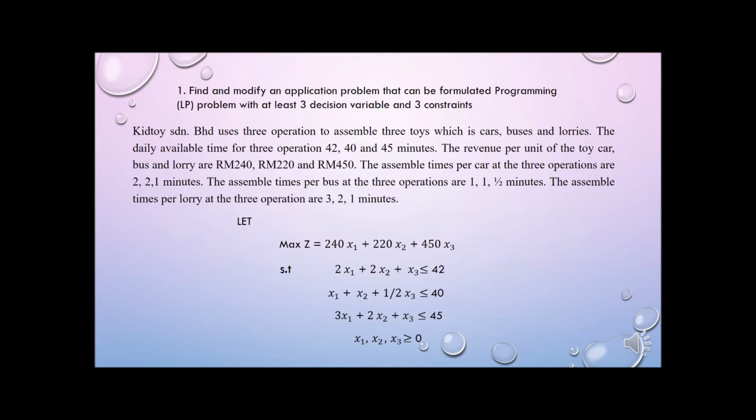Constraint 2, x1 plus x2 plus 1/2 x3 smaller than or equal to 40. Constraint 3, 3x1 plus 2x2 plus 1x3 smaller than or equal to 45. Constraint 4, x1, x2, x3 greater than or equal to 0.